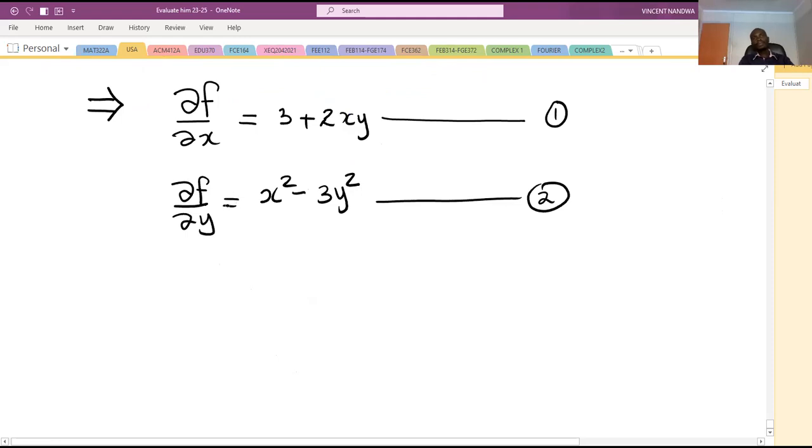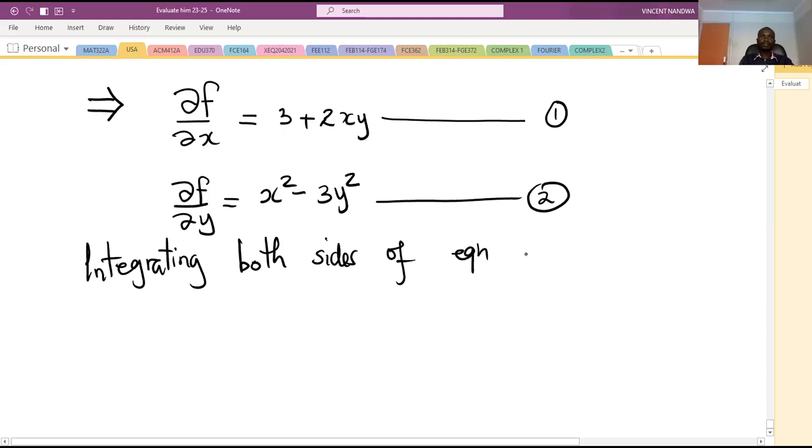So to find f, if we take equation 1, then to get f on the left-hand side, we have to integrate with respect to x. So integrating both sides of equation 1 with respect to x, we integrate partial f partial x with respect to x.